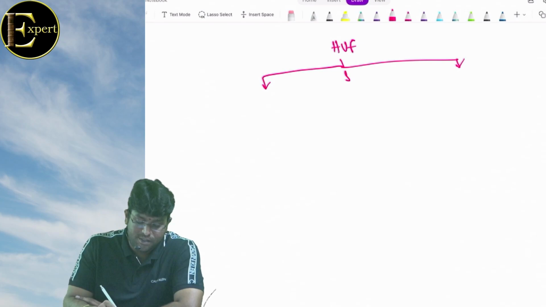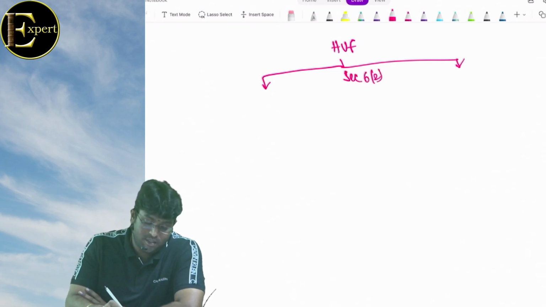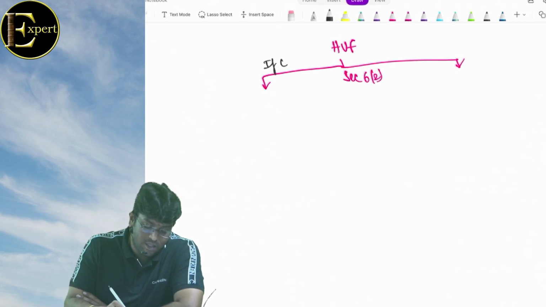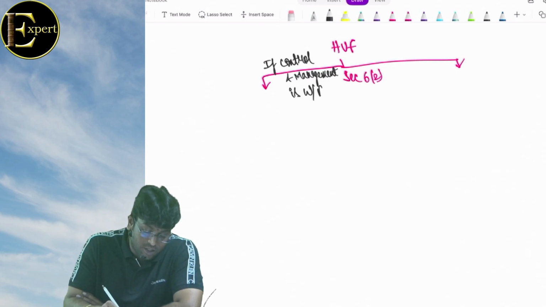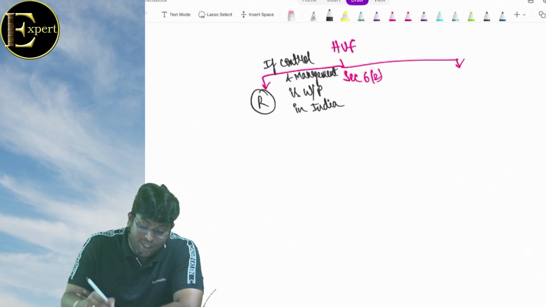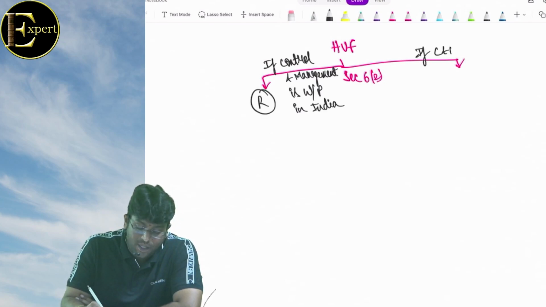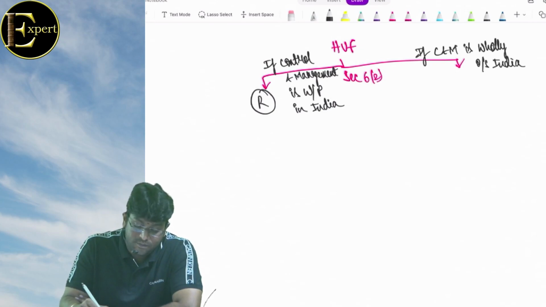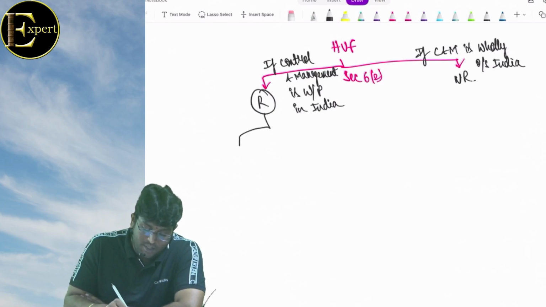In this, my dear friends, we have the basic condition, 6(2), which says if control and management is wholly or partly in India, we'll call it resident, and if control and management is wholly outside India, we'll call it non-resident.